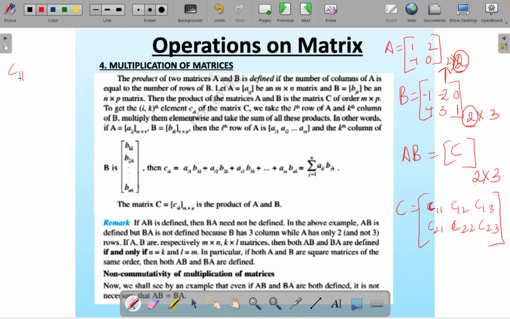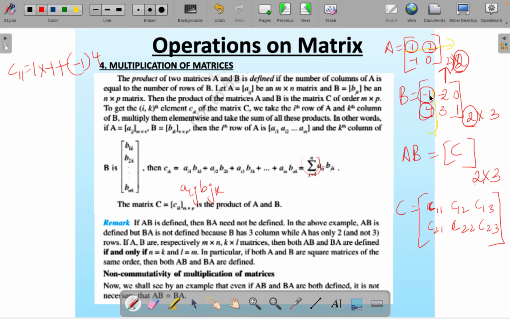C11 means first row into first column. So let me show you by sign. The first row will get multiplied by the first column. So that means 1 into minus 1, summation, because there was a sigma here, summation means plus, minus 1 into 4. That means we have to multiply the corresponding elements. 1 is multiplied with minus 1, then a plus sign in between, then the second element is multiplied from this position. AIJ gets multiplied by BJK.